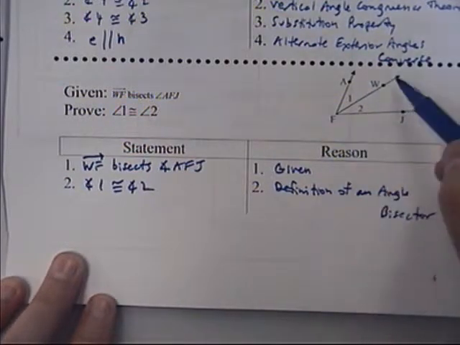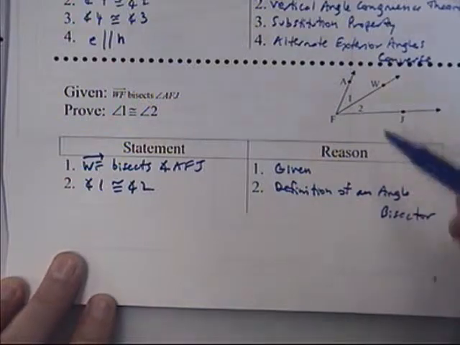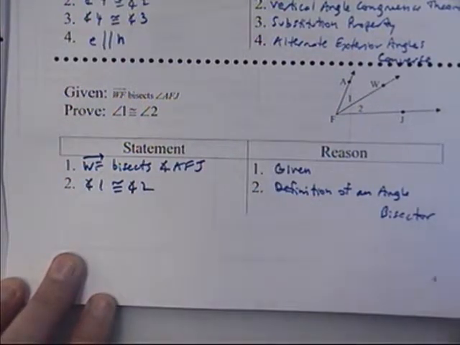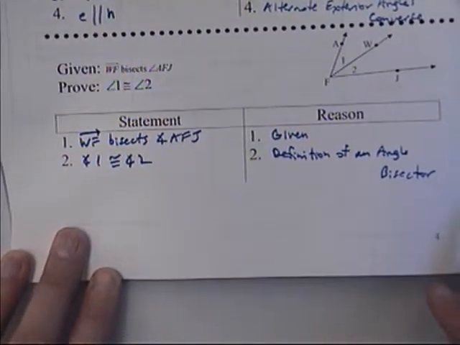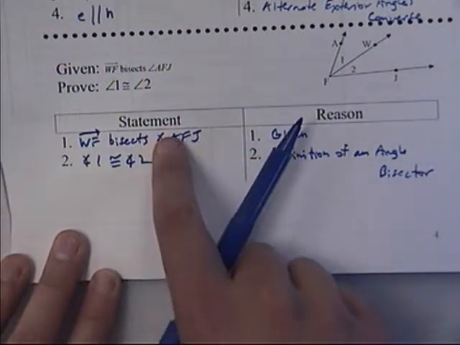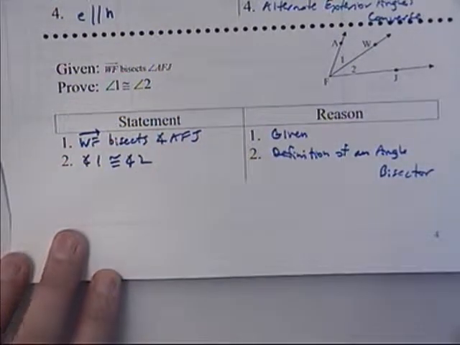When an angle is bisected, it carves that angle into two equal pieces, so those two parts would have to be congruent. That's what the definition says, so that's why we can go from here to here logically.